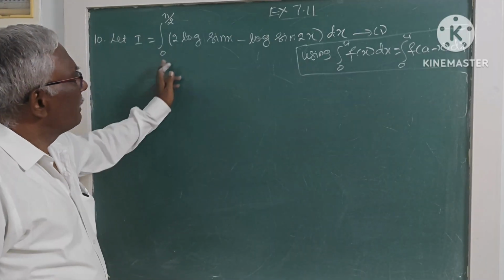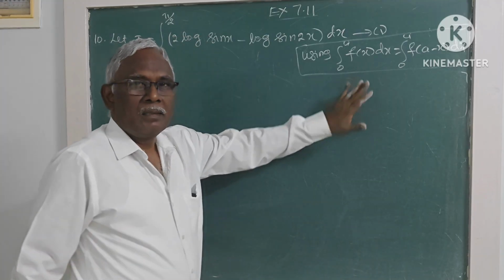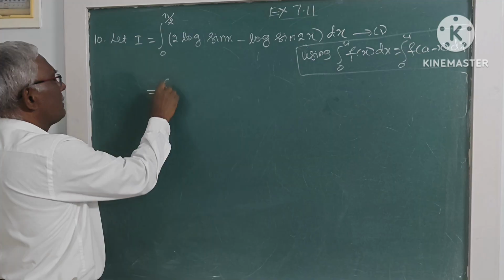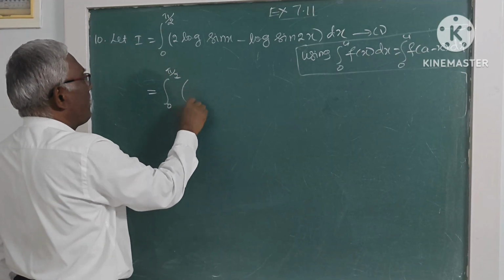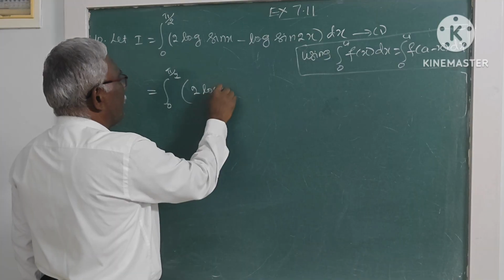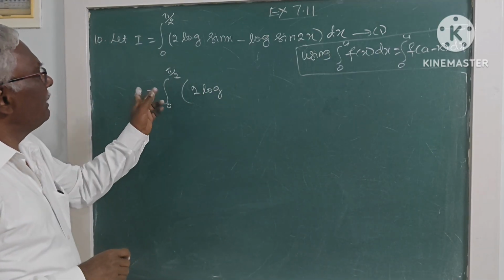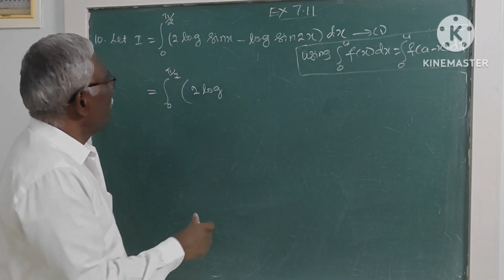So we have to evaluate this integral. Again we will be using this property and see what happens. So this is equal to integral 0 to pi by 2 of 2 log of, we have to replace x by pi by 2 minus x, a is pi by 2 here.